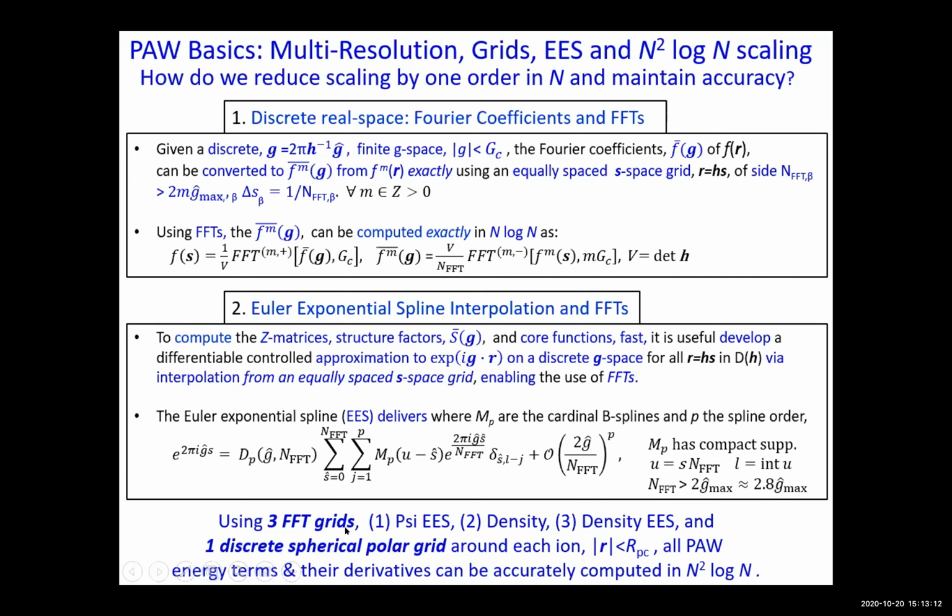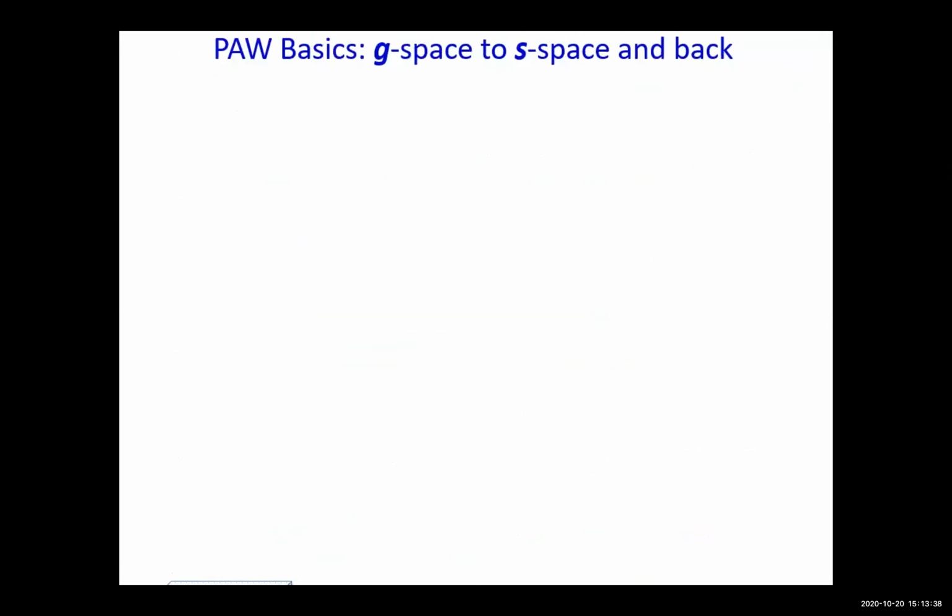And we have those first three grids in OpenAtom. We need one more for the discrete spherical polar grid around each atom, which is all new. And it's all going to be computed with Euler exponential splines. So once you've done that, and you've done 100 pages of LaTeX to get all the derivatives and everything else, you can compute everything in N squared log N, all these complicated terms.